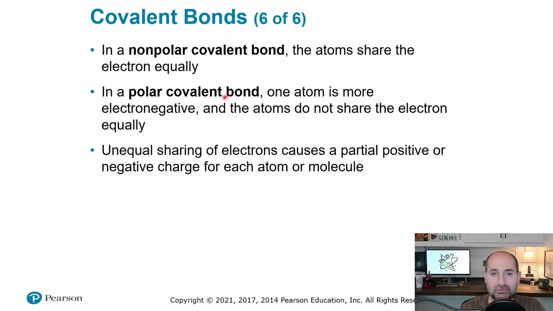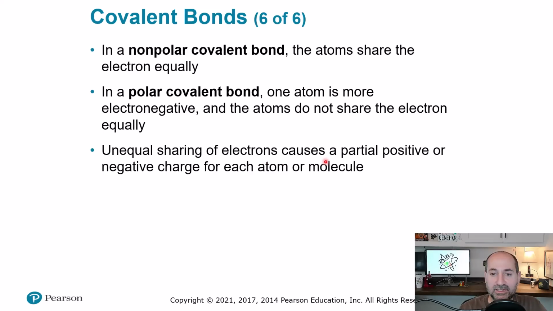And in polar covalent bonds, one atom is more greedy, more electronegative, and the atoms do not share the electrons equally. This results in partial charges.